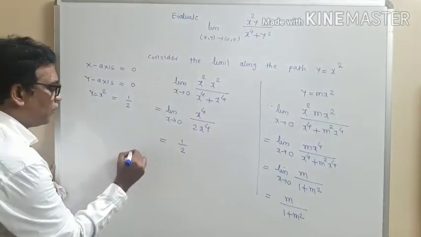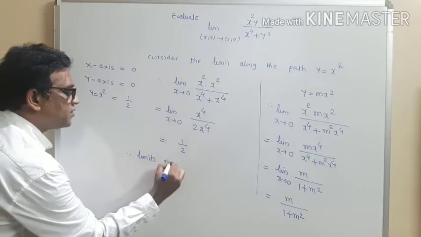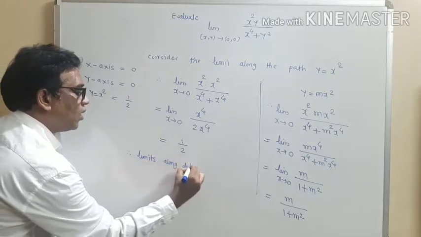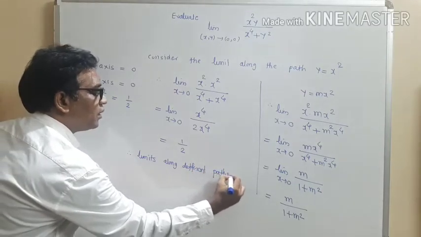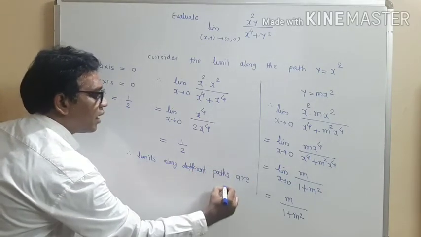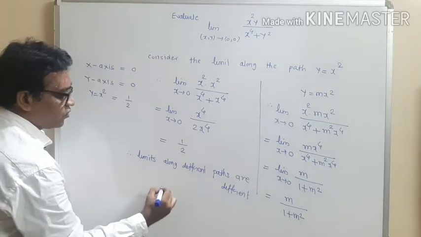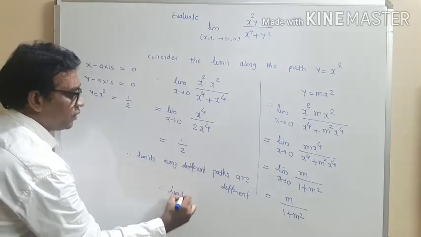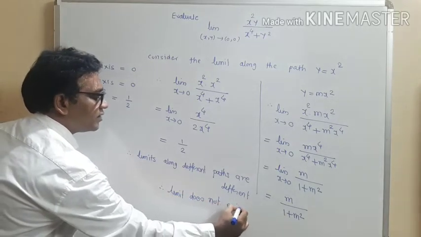So write down, therefore limits along different paths are different. So write down, therefore limit does not exist.